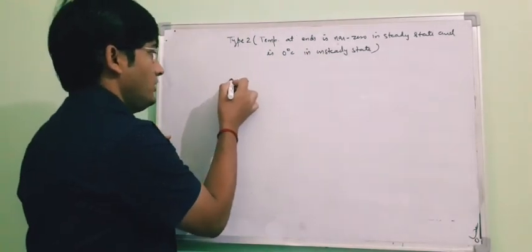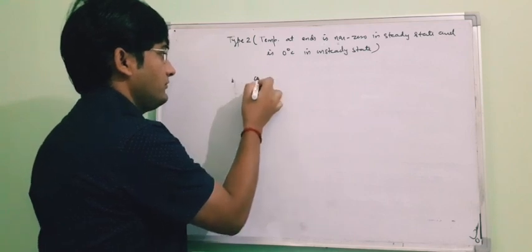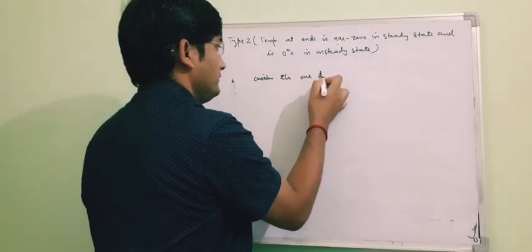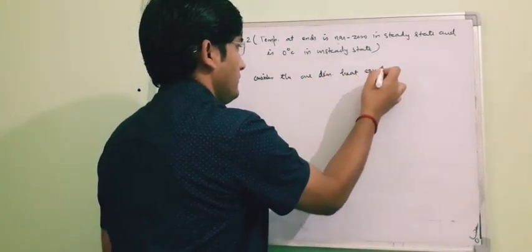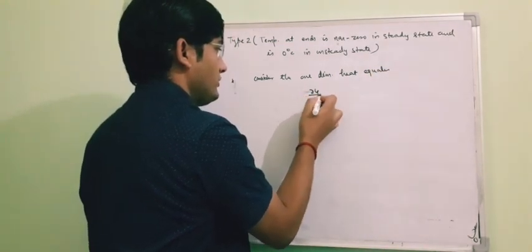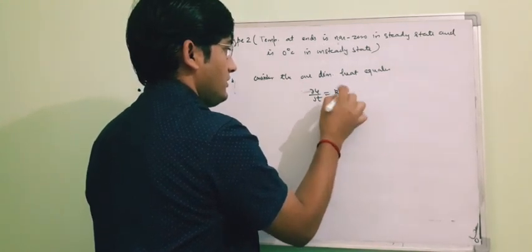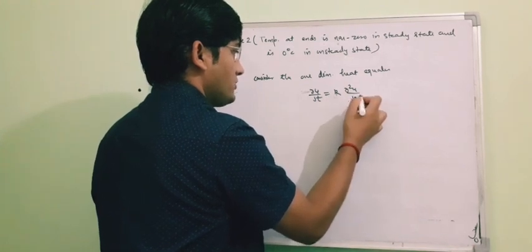So consider the one-dimensional heat equation, del U upon del t equal to c square, or say k, del 2 U upon del x2.